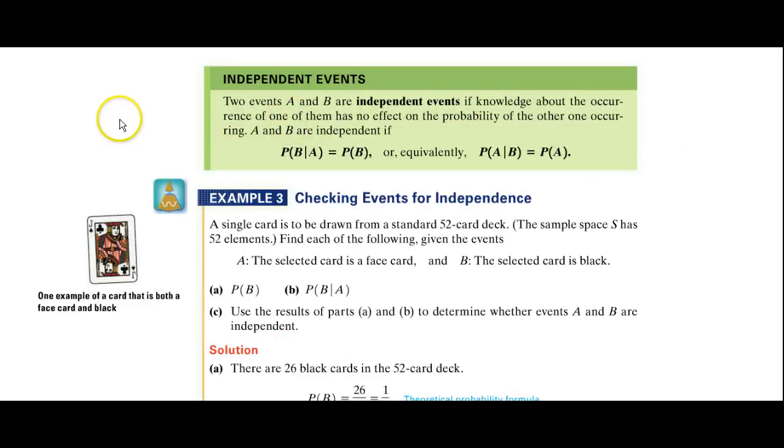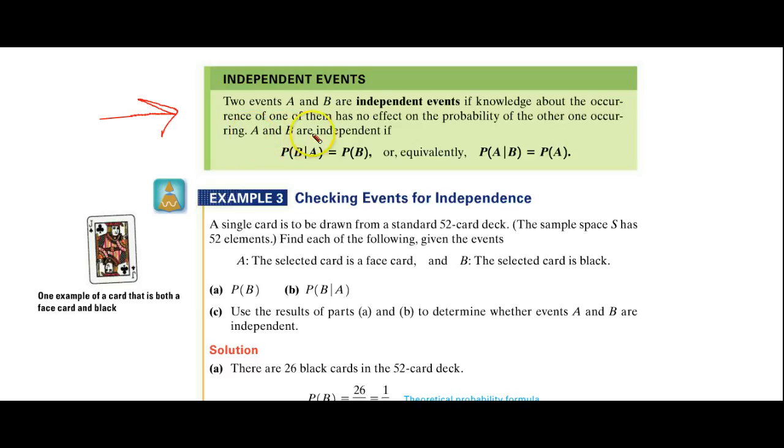So the rule being: two events, A and B, are independent events if knowledge about the occurrence of one of them has no effect on the probability of the other one occurring.